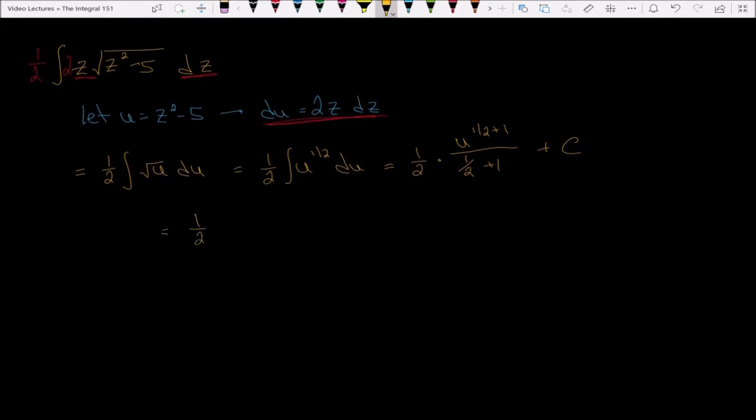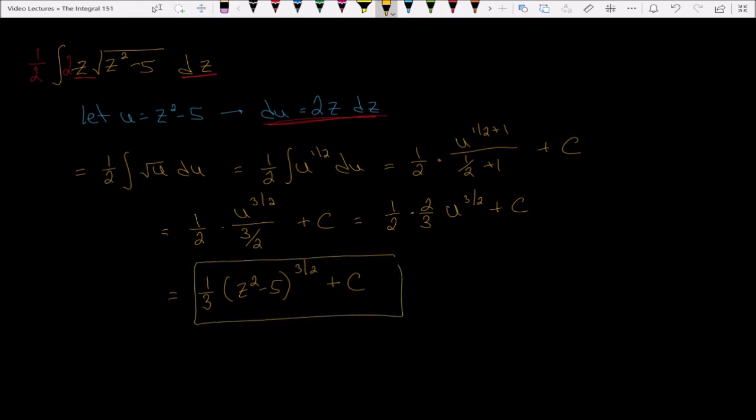That's 1/2 times u to the 3/2 divided by 3/2. Dividing by 3/2 is the same as multiplying by 2/3. That is 1/3. Now replace u with the z squared minus 5. Don't forget the constant of integration. And we have our antiderivative.